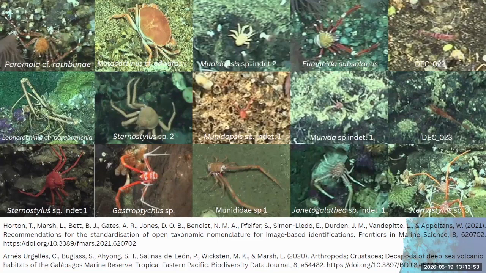So the open nomenclature system is also there, and a nice read would be the Horton et al. paper, which highlights how to do this in deep sea biology. This is a very widely applied method when you don't know what is there, but you still want to do research rather than waiting.